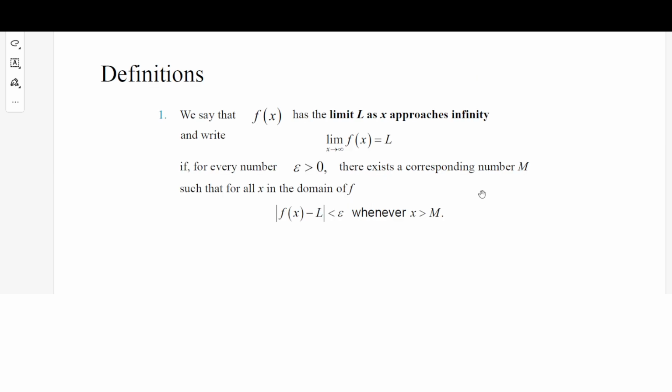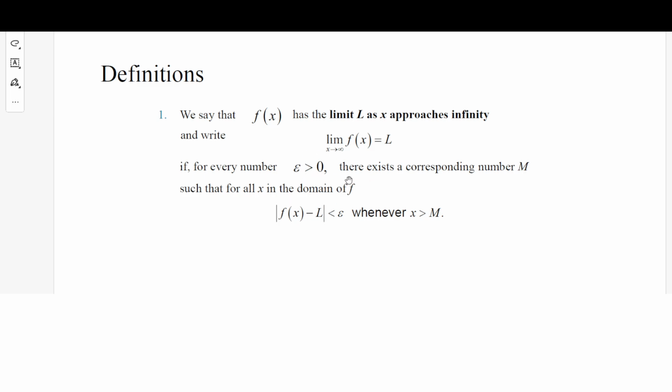So what is limit at infinity? The limit of the function when x approaches infinity, if it gives you some finite value, that's called limit at infinity. And this is the epsilon delta type of precise definition of limit.